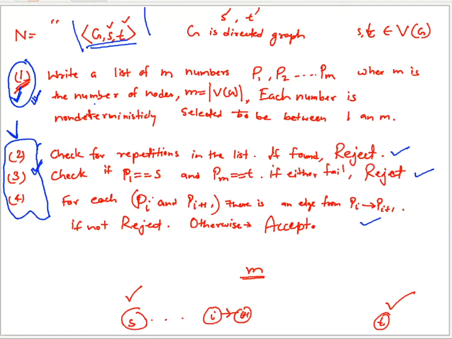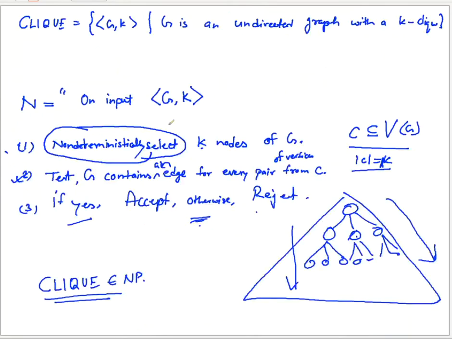So given a verifier, you can always easily construct a non-deterministic machine, because the verifier will help you verify the certificate. You just have to non-deterministically guess the certificate, and that's what you are doing. Even in the clique, you were non-deterministically selecting k nodes, and once you pick the subset, this is the verifier step to verify if the subset is actually a valid clique or not.